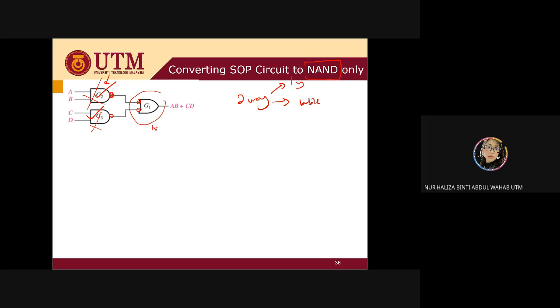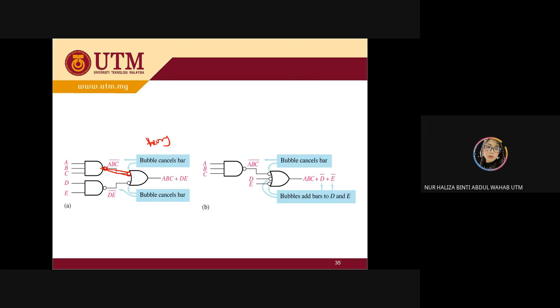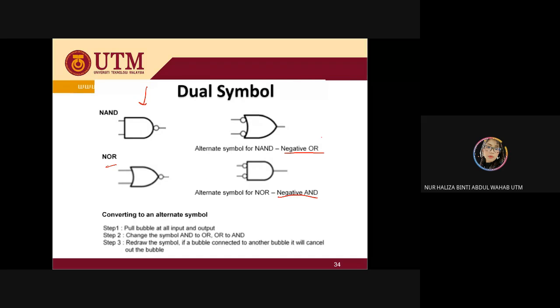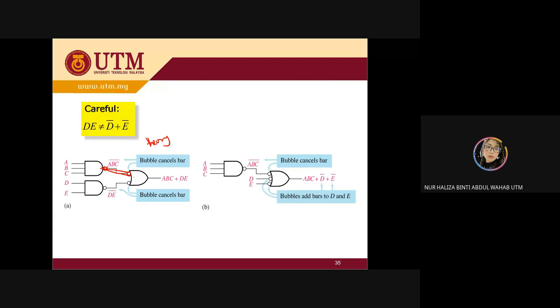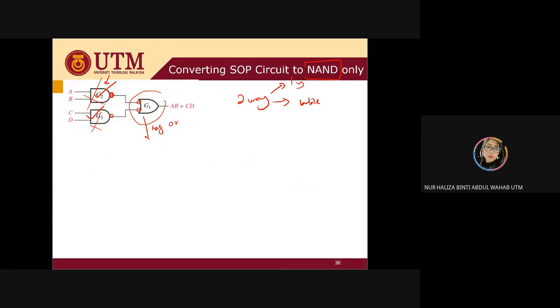I have a negative OR here. Look back at my previous slide. Negative OR is similar to my NAND gate. So I can just change this to be my NAND gate also.